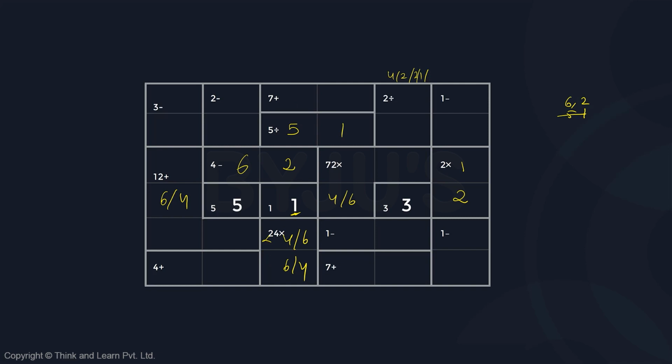We are left with 3, right? So 3 will be put here. Sum of these two should be 7, so this has to be 4. If this is 4, this cannot be 4, so this has to be 6. If this is 6, this has to be 4. Clear so far?